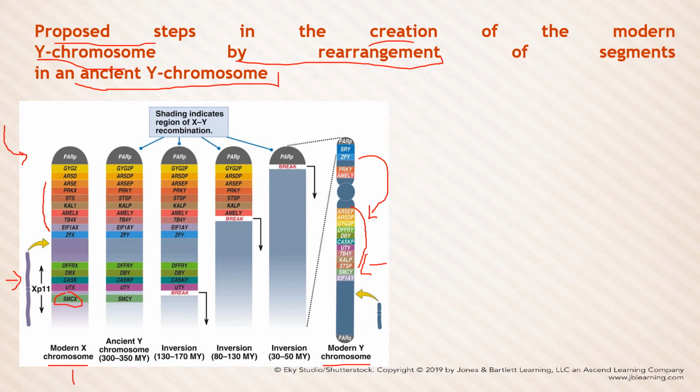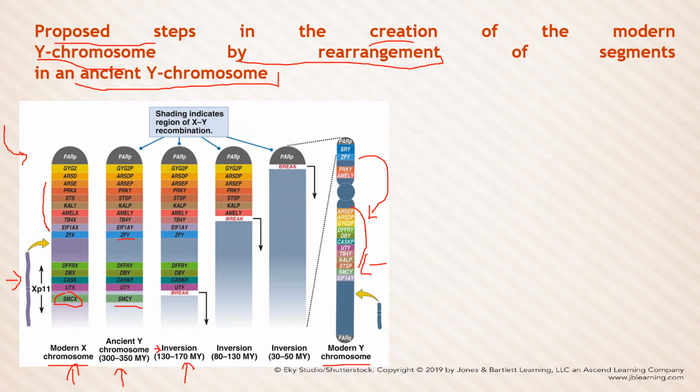When you compare this X chromosome with the ancient Y chromosome, you find that they are very similar. There are some differences in genes, but they look very similar. However, as you go forward in evolution, you find a first rearrangement.